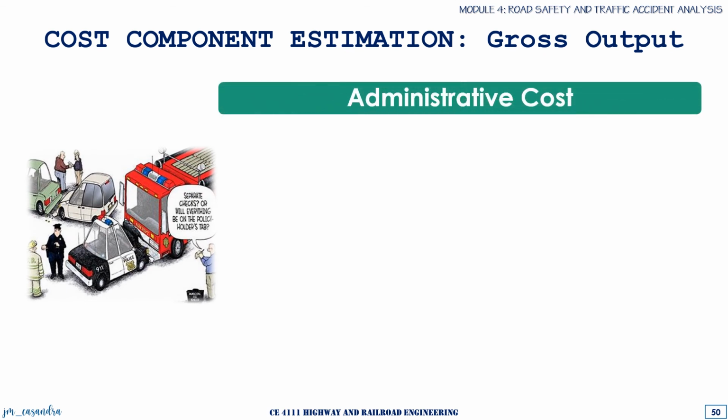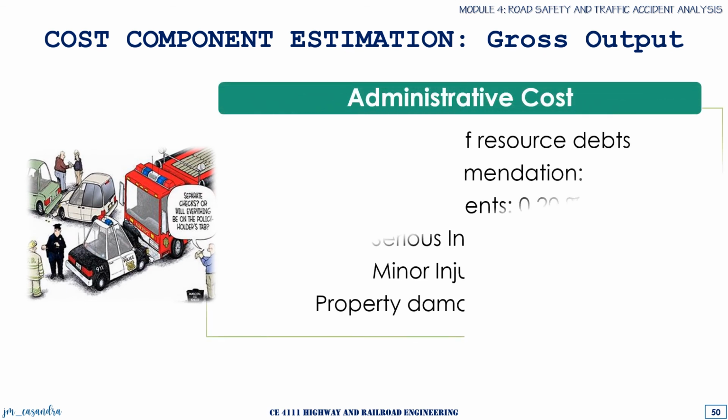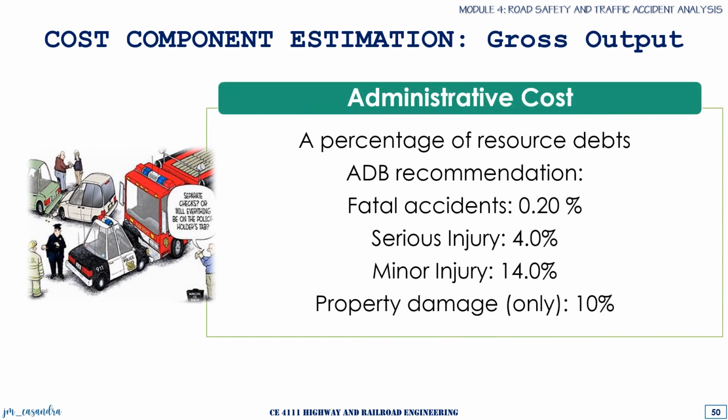And lastly, we have your administrative cost, which is a percentage of the resource cost. ADB recommends that for fatal accidents, the administrative cost will be 0.2% of the total resource cost. For serious injuries it will be 4%, minor injuries 14%, and for property damage only accidents, it will be 10% of the resource cost.